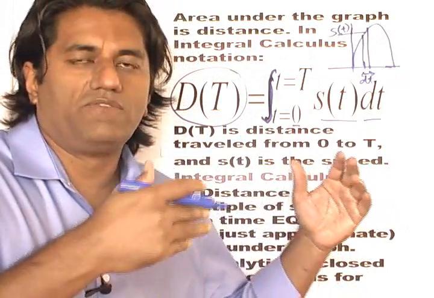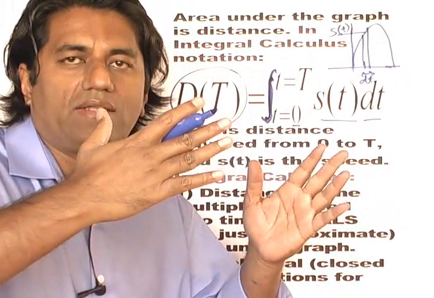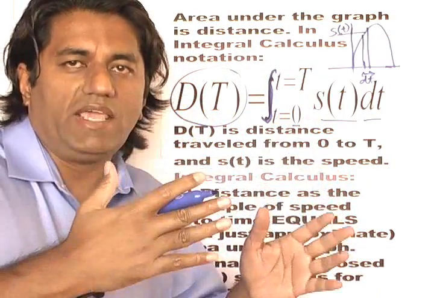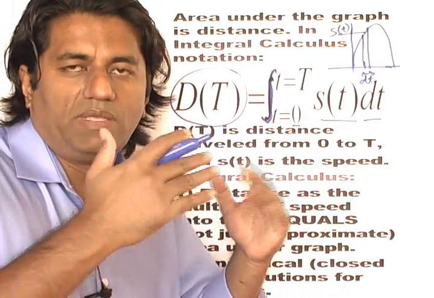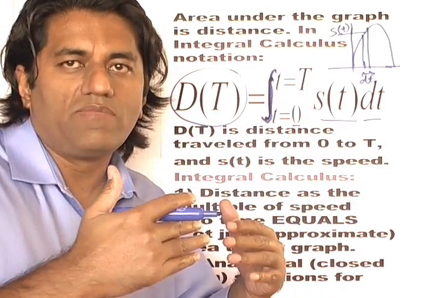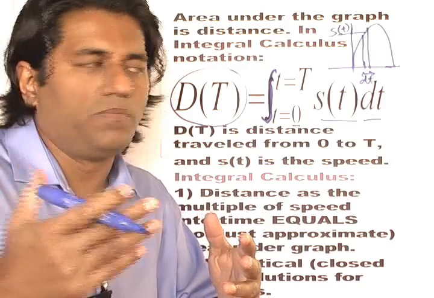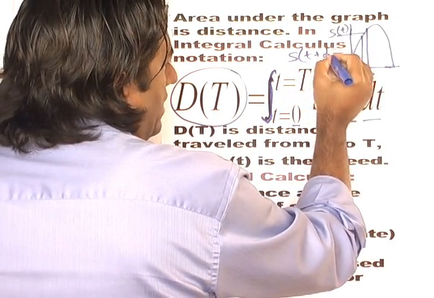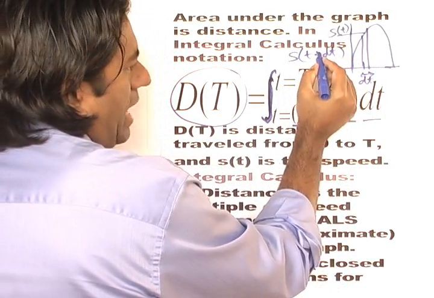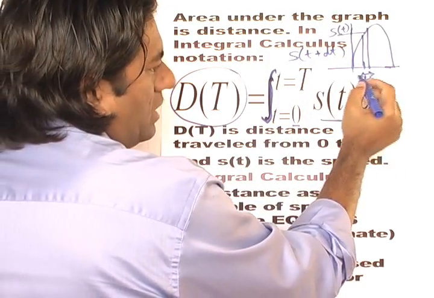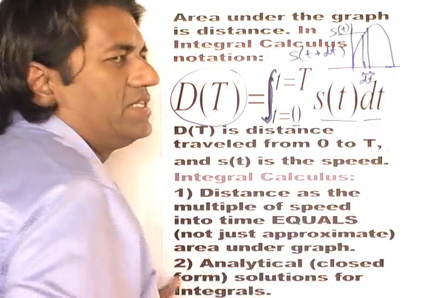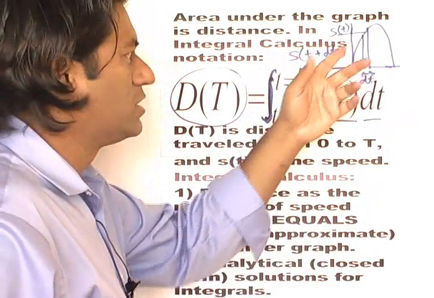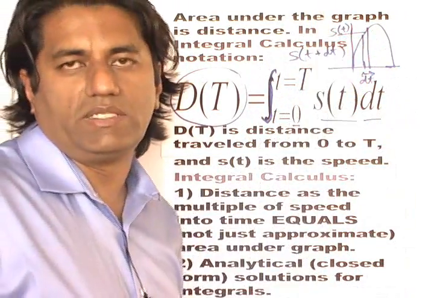Now, of course, if the period begins at t, then the speed at the beginning of the period would be s(t), and at the end of the period it would be s(t + dt), because the end of the period time is t + dt, because the length of the time interval is dt. However, we just approximate and say that, okay, it's just equal to s(t).